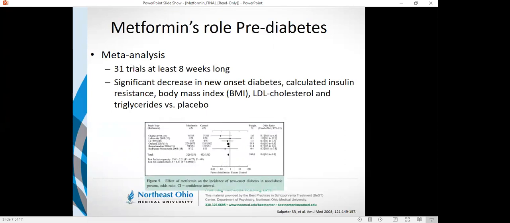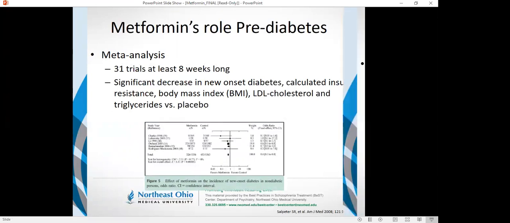So overall, it looked like for an at-risk group that did not have diabetes, this could potentially at least delay the onset of diabetes for a couple years, as well as improve some of those other parameters. Those patients were not specific to patients with mental illness. They just had risk factors for diabetes, and they did not pull out any specific mental illness data. So I can't speak for the specific population, but overall, if they're at risk, it does look like this might be beneficial.